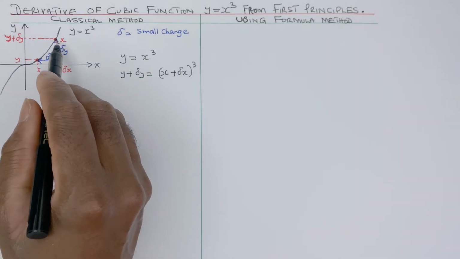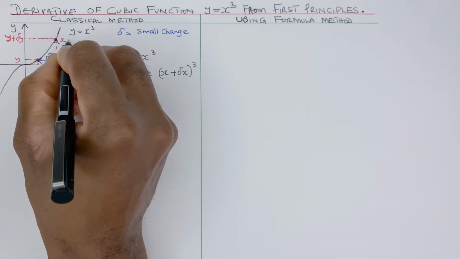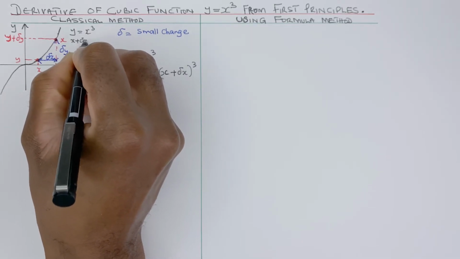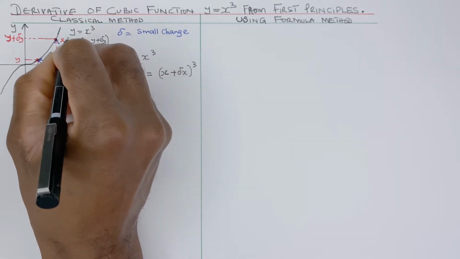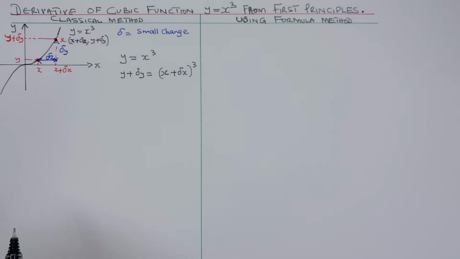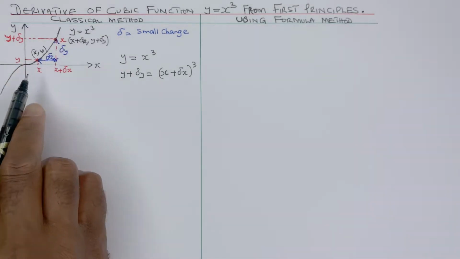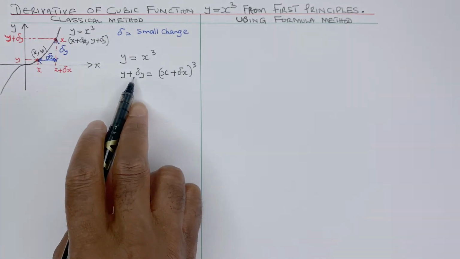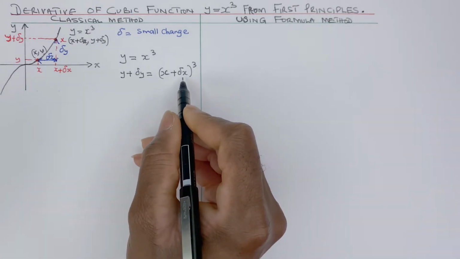Now we're looking at this point here, the coordinate x plus delta x and y plus delta y. And the coordinate here is just x and y. So we need to expand this bit here.